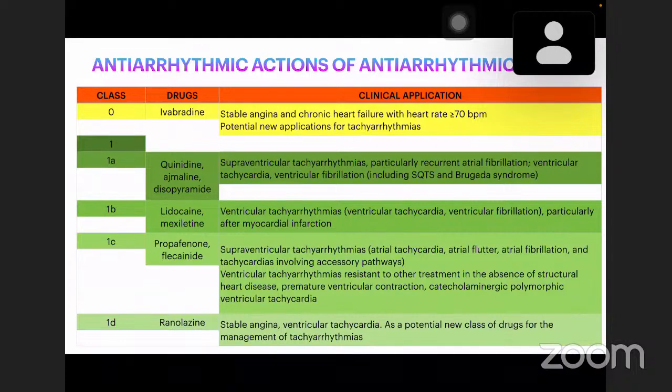These are all the conditions where we can use propafenone and flecainide. Ranolazine, as we know, is first and foremost for stable angina; ventricular tachycardia and other tachyarrhythmias are under study.